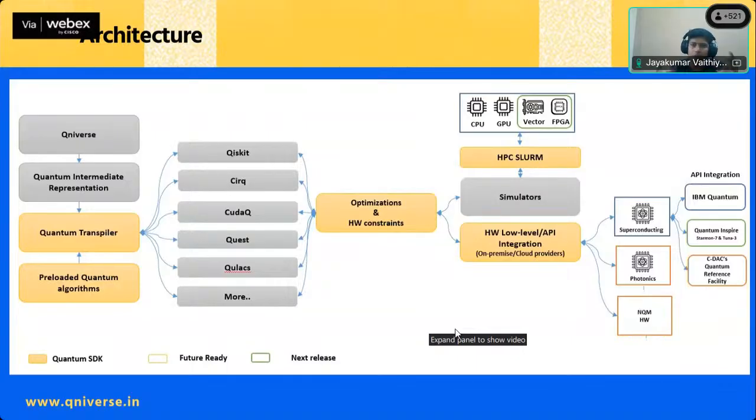So in future, this tool will give more freedom. Right now we only access the hardware provided by IBM, but in future you can access any quantum computer or quantum system developed in India across any institute. So that is a very beautiful vision about the C-DAC tool.